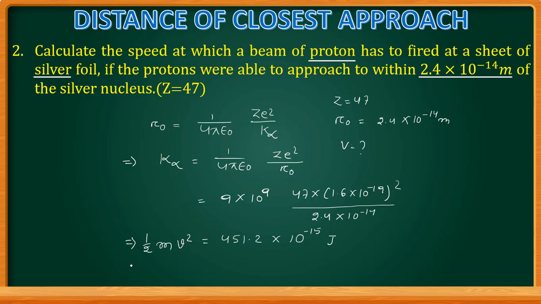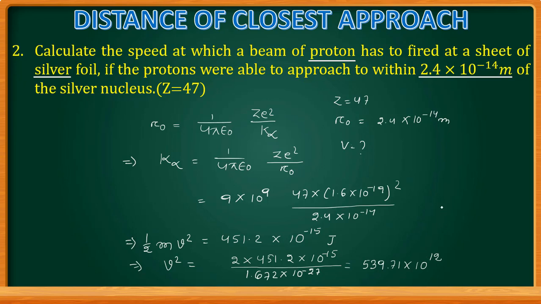From this we can write V square equal to, and this m is the mass of proton. In place of mass of proton we can write 1.672 into 10 to the power minus 27 kg. Then by solving this, here you got V square term.